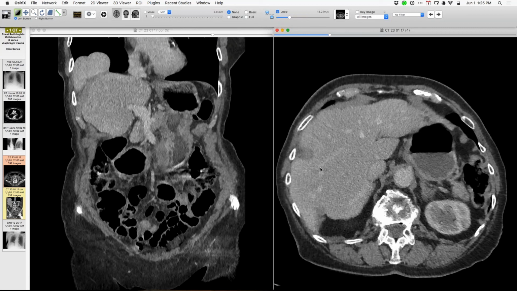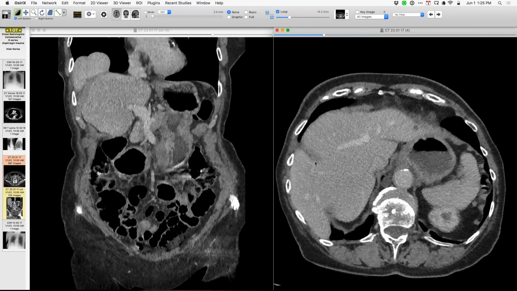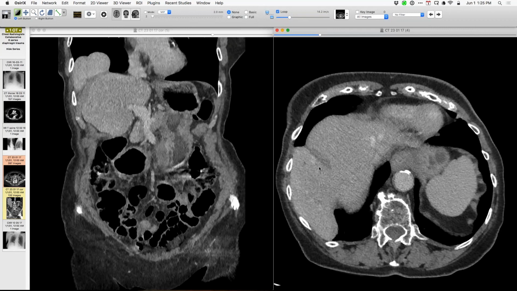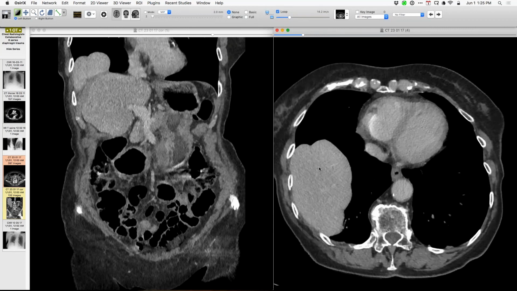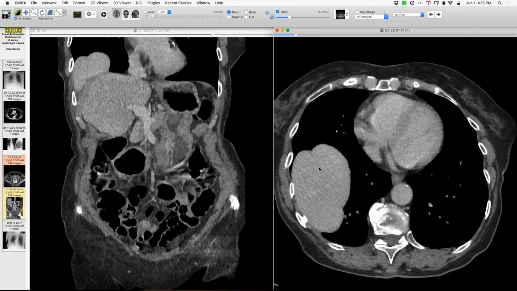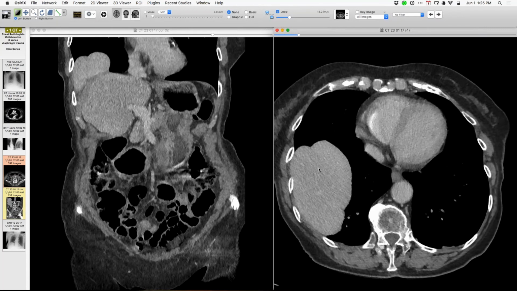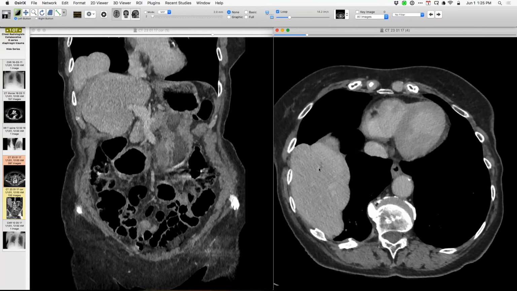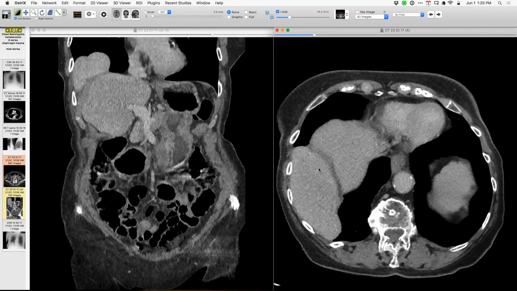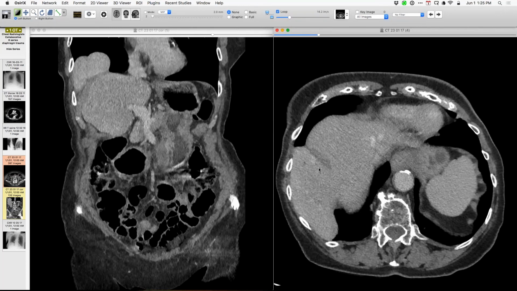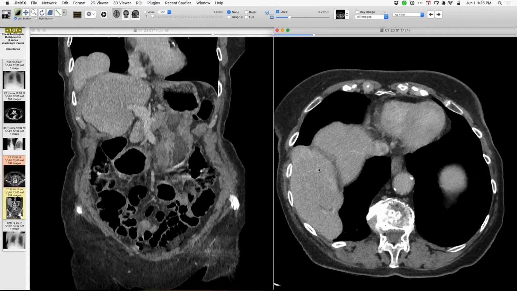So we can see where the diaphragm is still intact and impresses on the liver, which is herniated through that defect. And you can see that this is mostly in the basal and lateral chest in that location. So a really nice example of a traumatic injury to the diaphragm with the herniation occurring over time.